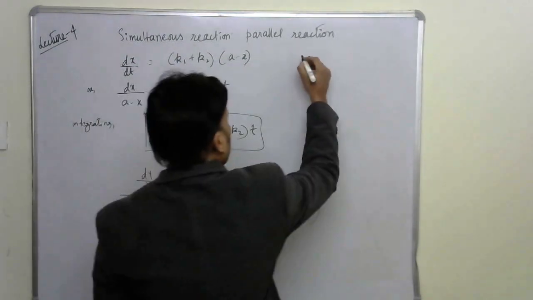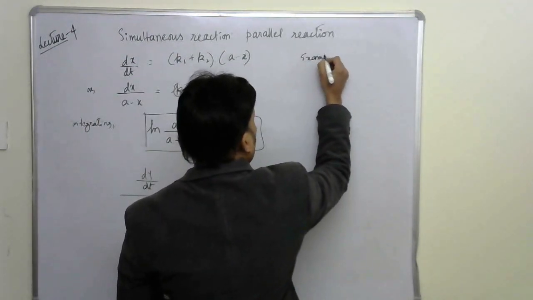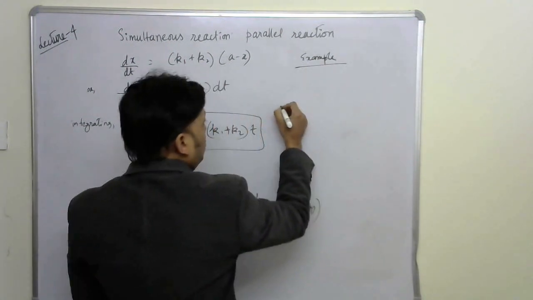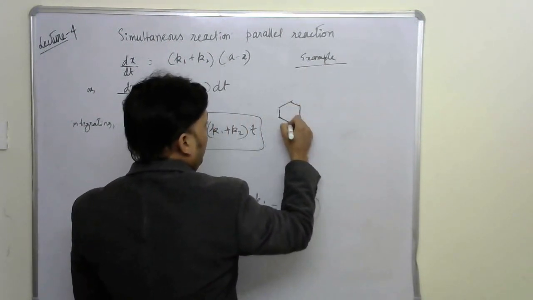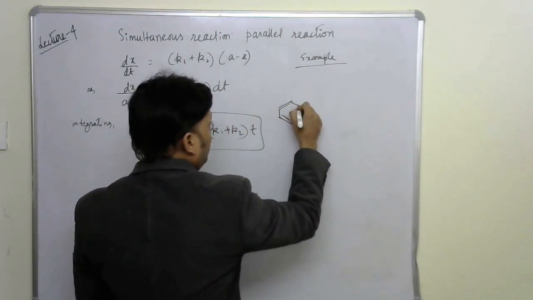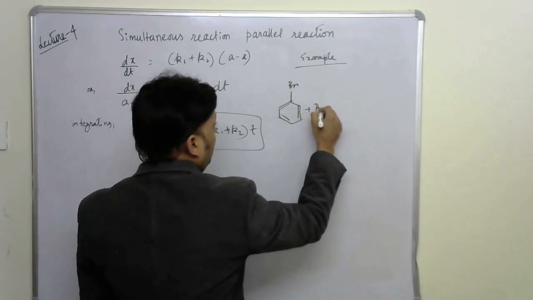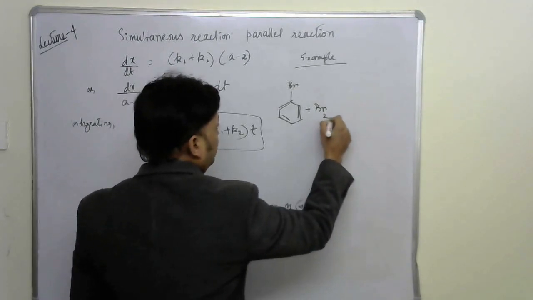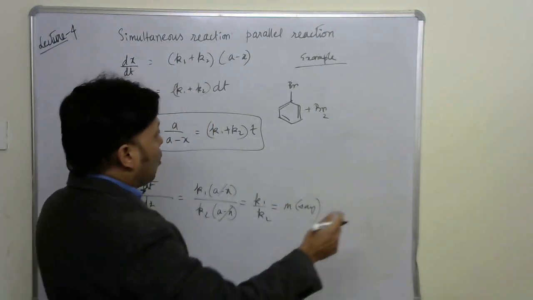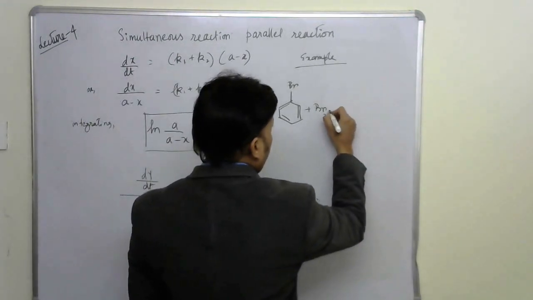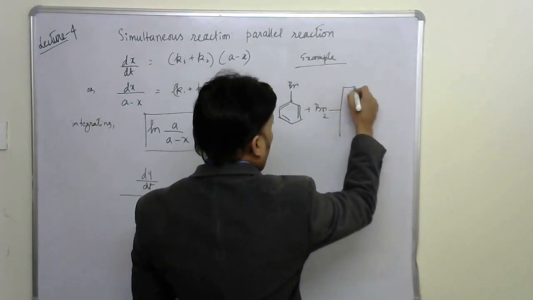So now we are going to look at an example. The example we can think of is something like this. If we have a bromobenzene and we want to brominate this, we can expect two products.